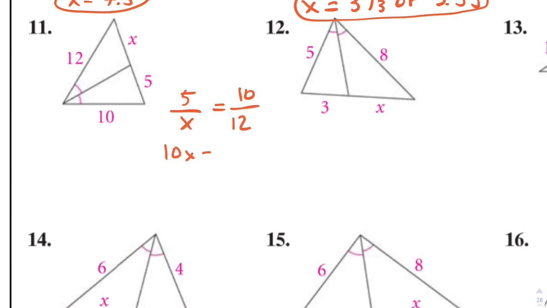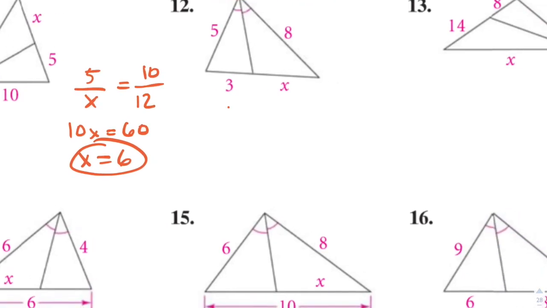So 10x equals 60, x equals 6. Yep, just a little bit larger. 3 is to x as 5 is to 8. 5x equals 24. Divide both sides by 5. We get 4.9, let's see, 4.8, I mean. Yeah, 4.8.